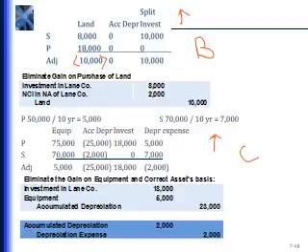Because the prior year had depreciation expense, the 2,000 accumulated depreciation is now sitting on the subsidiary's books. The depreciation expense rolled into the retained earnings, so decrease the 20,000 gain to 18,000.